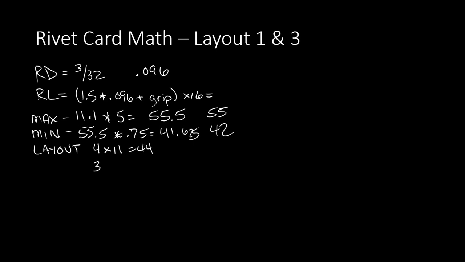Let's see, if I did 3x14, that gets me 42, but then for layout 3 I won't be able to drop any rivets, so that's out.